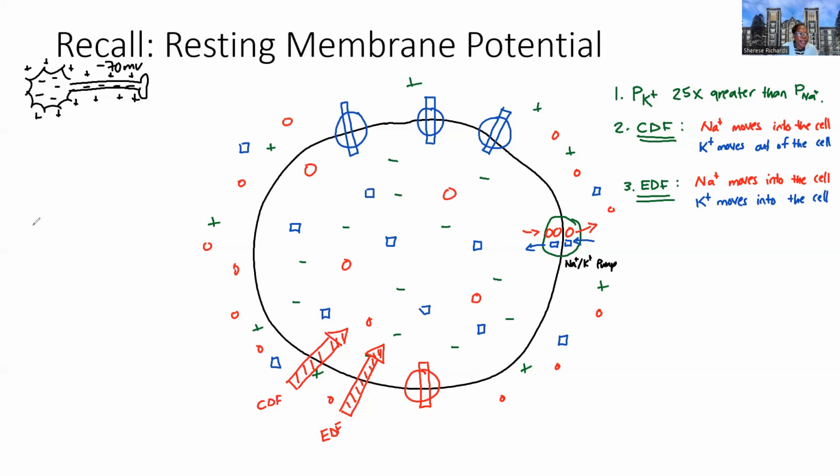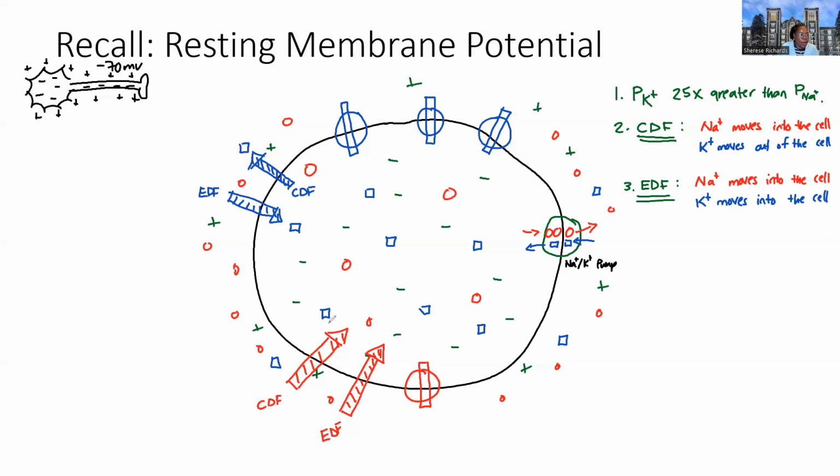And if we think about potassium, potassium has an inward EDF, but an outward CDF. So the chemical force moves it outward according to its concentration. But the electrical force, because it's positively charged, moves it in the opposite direction, which is into the cell.